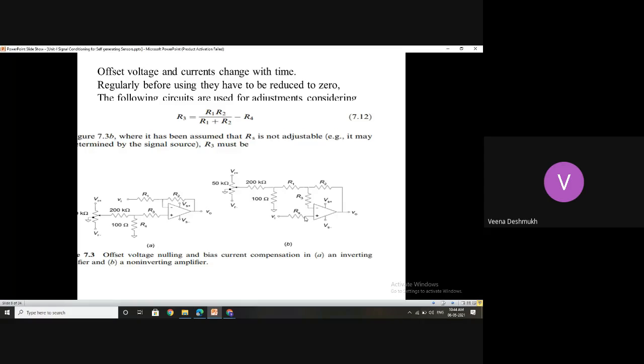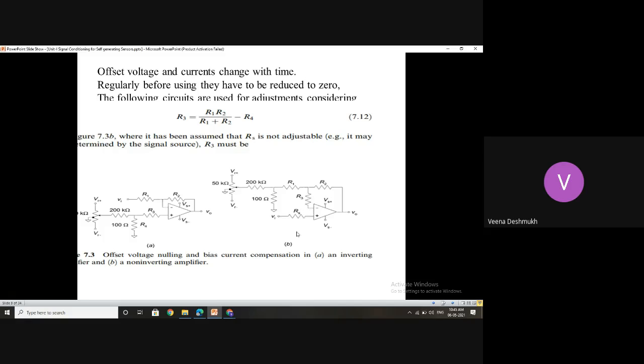Assume that your R1 is equal to 1K and Rs is around, say, 100 ohms, then the effective input resistance is equal to 1.1 kilo ohm. Actually for our calculations we take it as 1K, but effectively what is available, or what appears at the input terminal, is 1.1 kilo ohm.